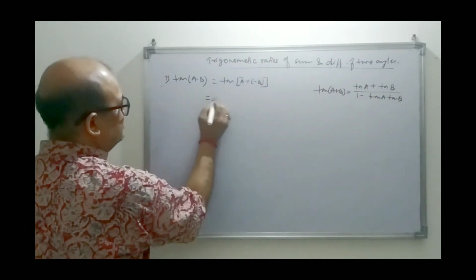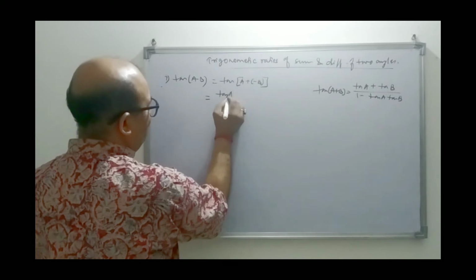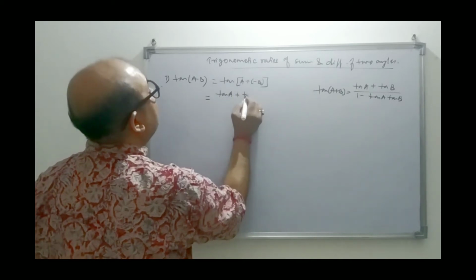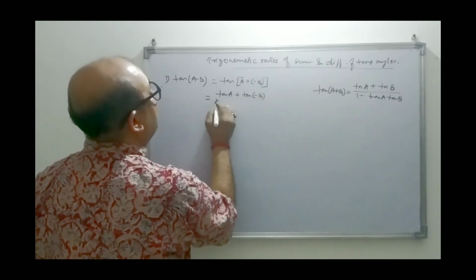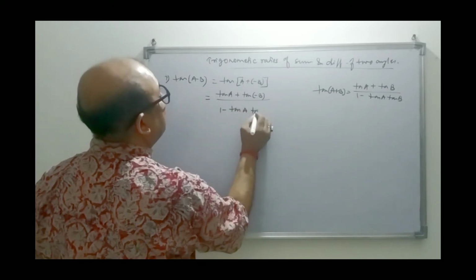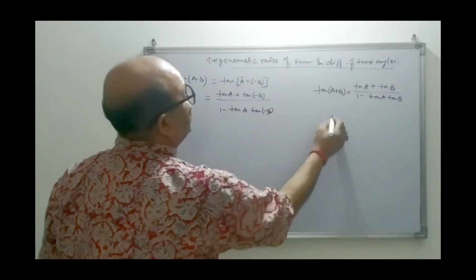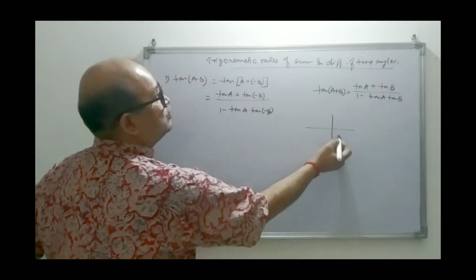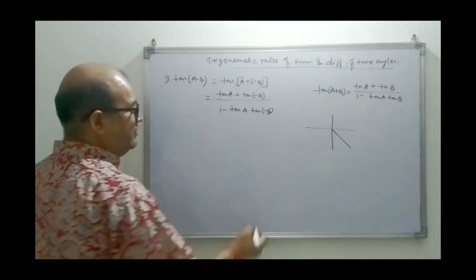This can be written as tan A plus tan minus B upon 1 minus tan A tan minus B. Now again this comes in the fourth quadrant, where tan is negative.